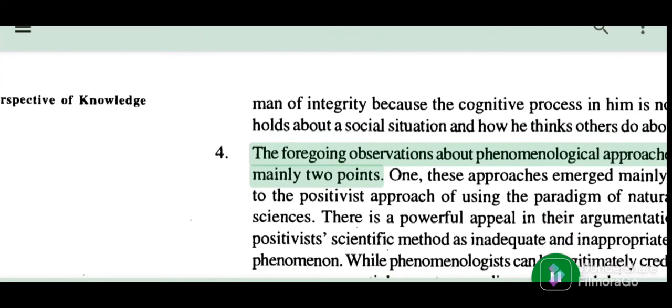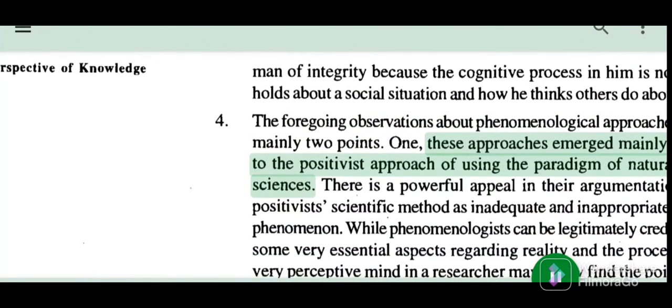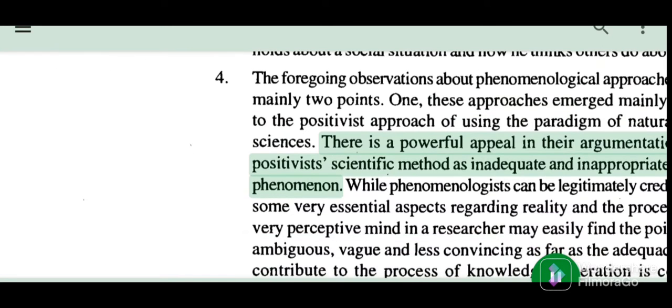The foregoing observations about phenomenological approaches in general highlight mainly 2 points. 1. These approaches emerge mainly as a strong reaction to the positivist approach of using the paradigm of natural sciences in social sciences. There is a powerful appeal in their argumentation in discarding the positivist scientific method as inadequate and inappropriate to understand social phenomenon.